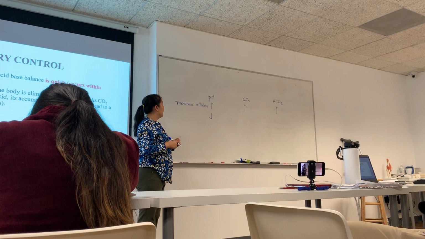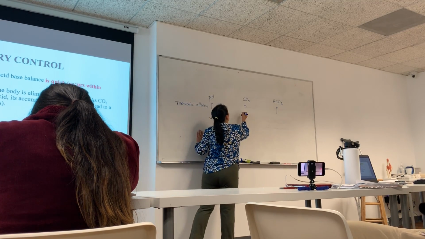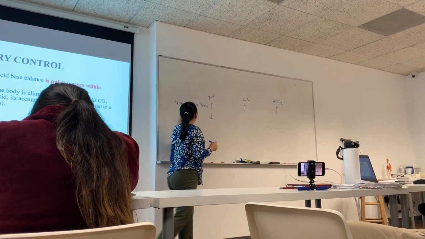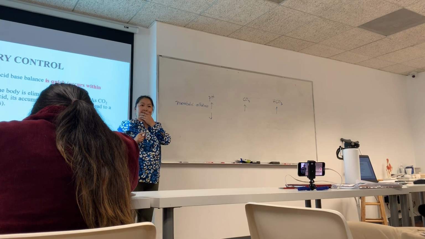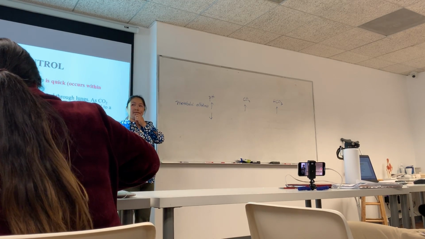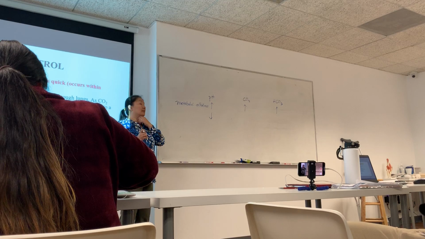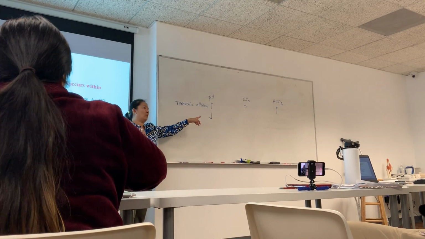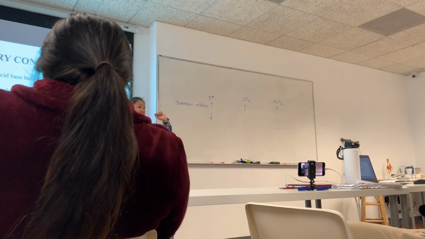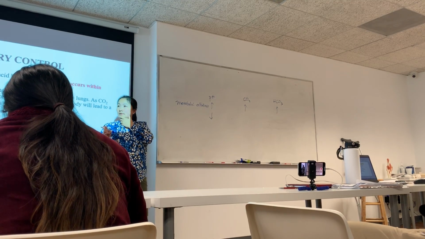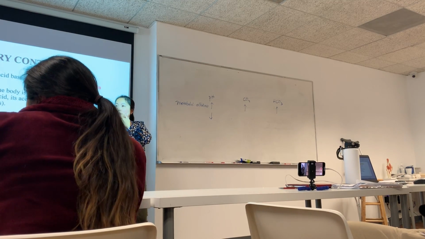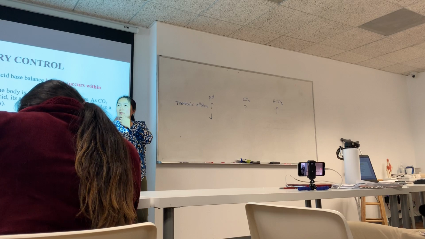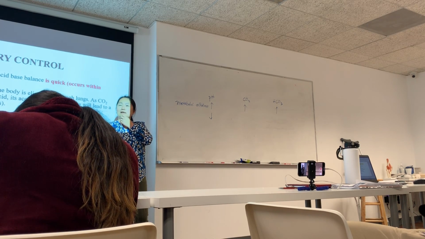So why is the carbon dioxide level high if it's a metabolic cause? The lungs work fine, but why is the carbon dioxide level high? Because it's from the metabolic byproduct.